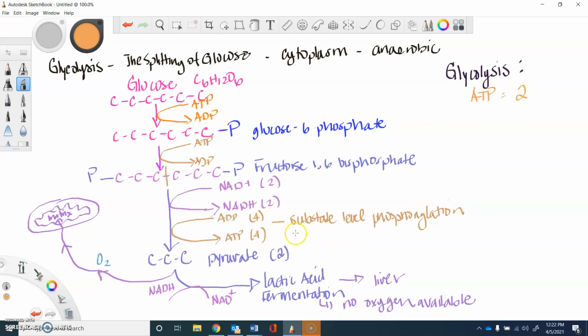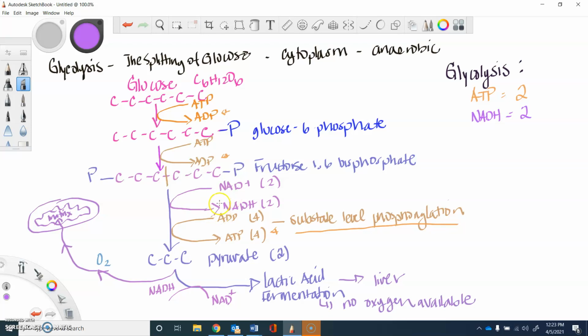Don't forget, we made 4 through this substrate level phosphorylation. We made 4. But we used 2 up here. So, yeah, we made 4, but we used 2 to get here. So we only actually netted 2 ATP. We also got some NADHs here. And we got 2 of those.